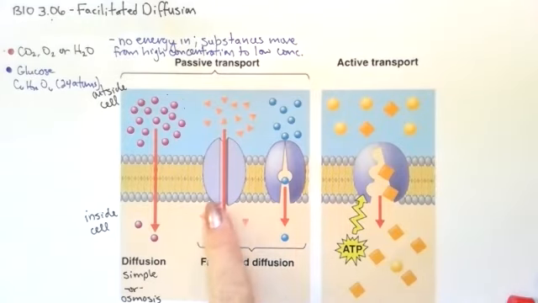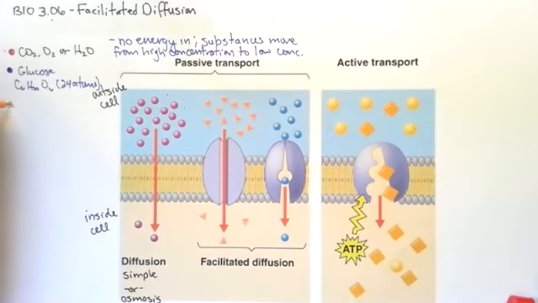But we show two different kinds of facilitated diffusion here. The orange are what are called ions. In this case, these are chloride ions. It could be sodium, potassium, calcium, but they're larger.